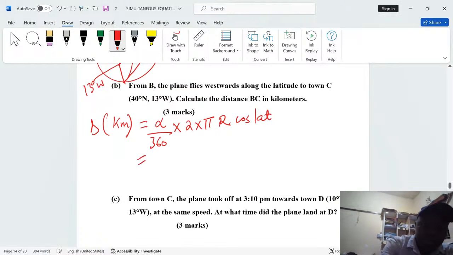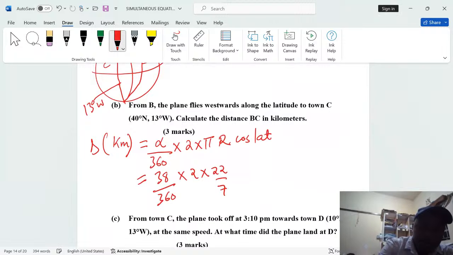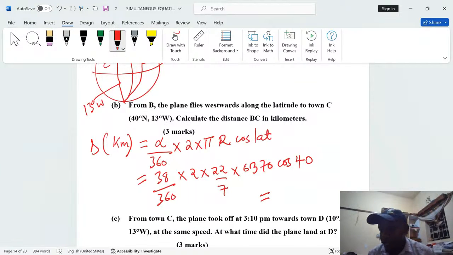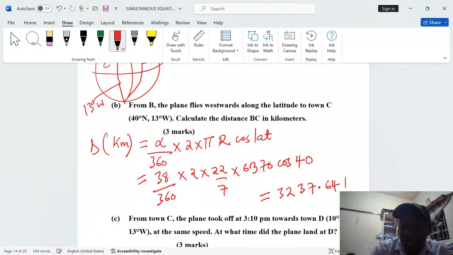And this is going to be an angle difference of 38, over 360 multiplied by 2 multiplied by 22 over 7 multiplied by 6370 cosine of latitude 40. The two places are at latitude 40. That is going to be 3237.64 kilometers. So that will be the distance between the two places.